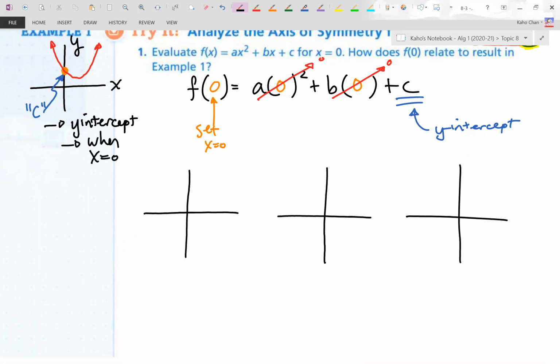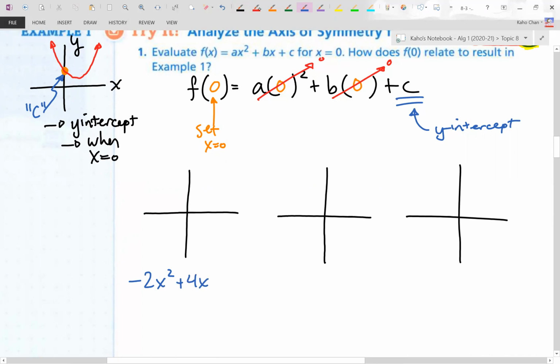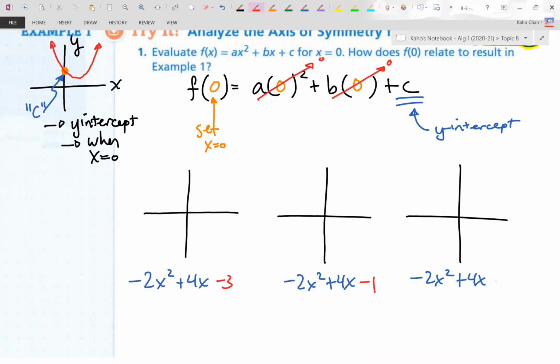Here are the problems themselves. Negative 2x squared plus 4x minus 3 is the first one. Negative 2x squared plus 4x minus 1 is the second one. And then finally, negative 2x squared plus 4x plus 5.